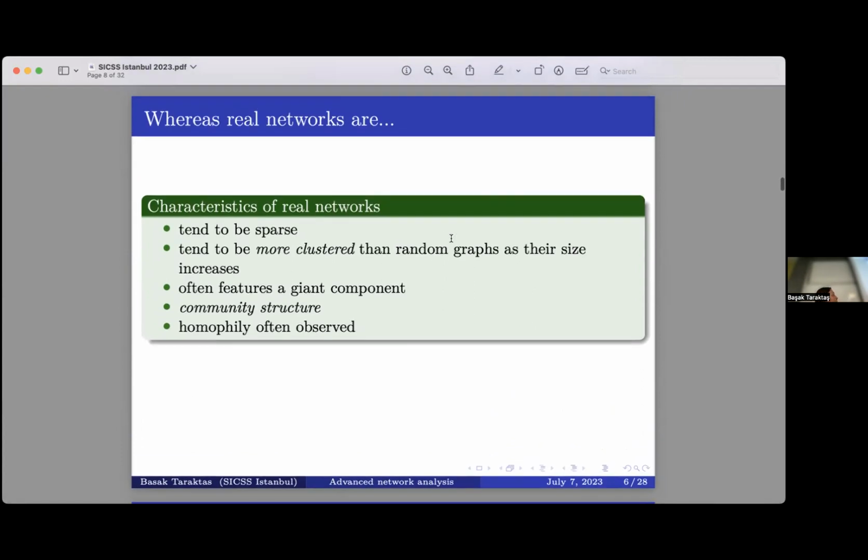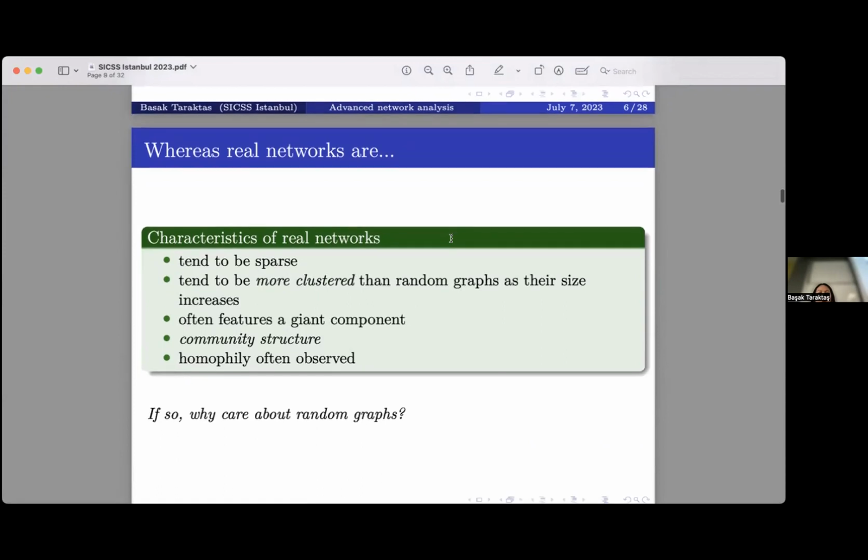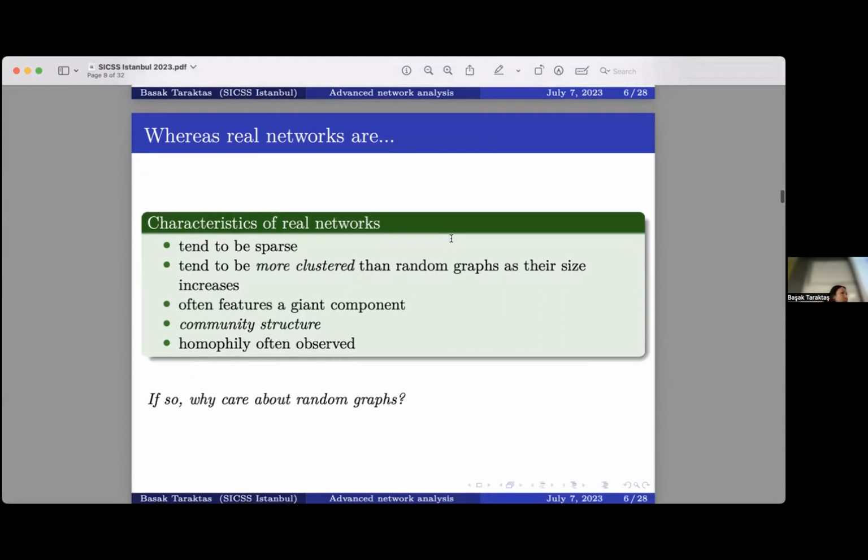So if real networks are really different than what we understand by random networks, why do we ever use random networks? So we use random networks because we need to test hypotheses. And if the idea is that, for instance, Akın Hoca and I became best buddies because we both like basketball, then the null hypothesis is like having a shared interest in basketball has no effect on us becoming friends, right?